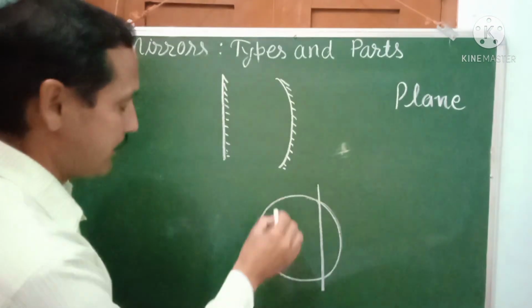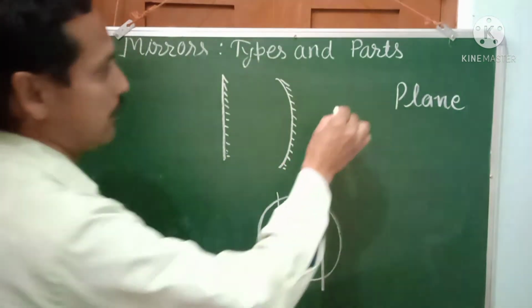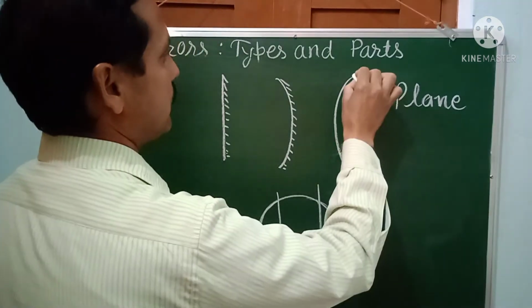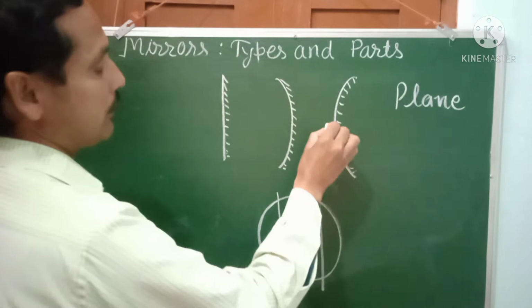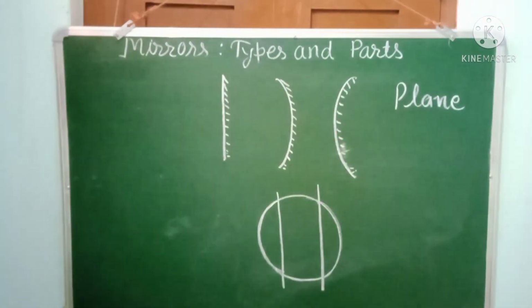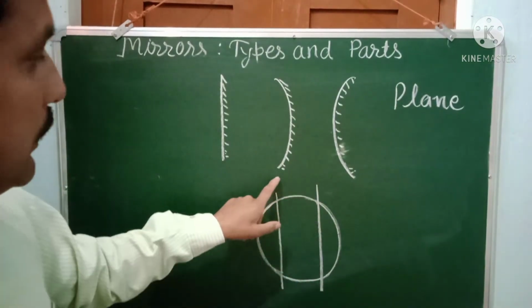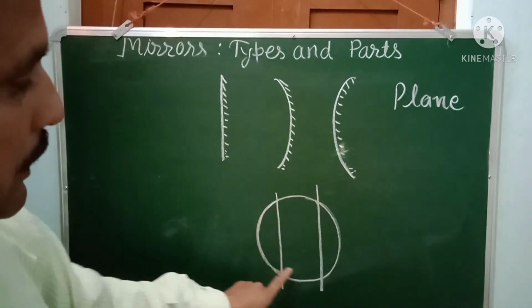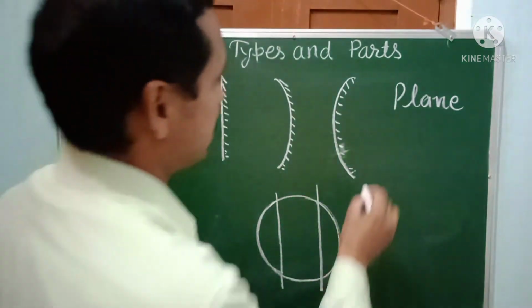And if we cut from here and we get this part and polish this side, this surface becomes bright or reflecting. As you can see, these are the parts of this hollow sphere. This type of mirrors are called spherical mirrors.